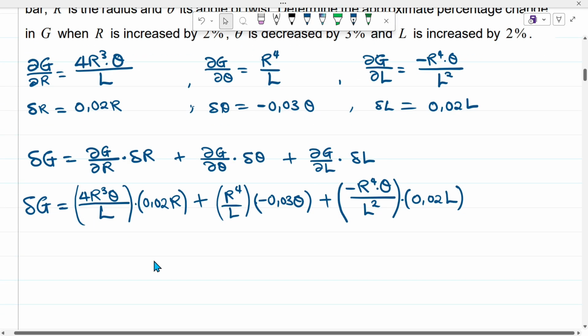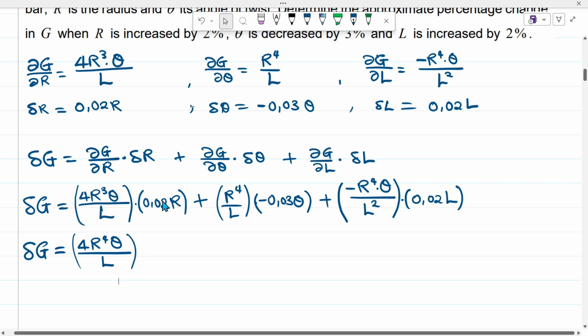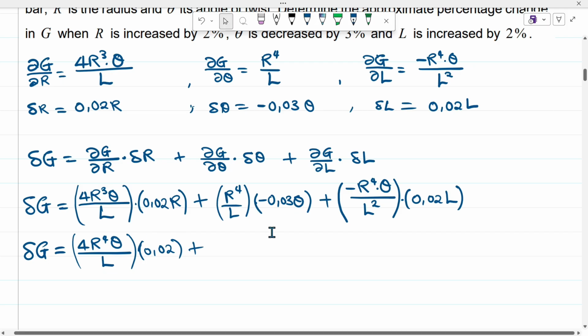So let's rewrite this so that you don't get confused. This is the same as 4R to the power of 4 theta divided by L. I just multiplied this R, so it added with that one to get that. So here I'm just left with 0.02, and then plus, I do the same here. I multiply theta with that guy.